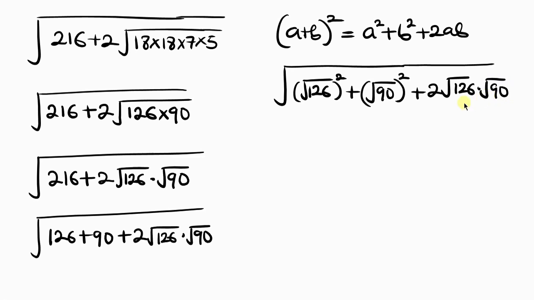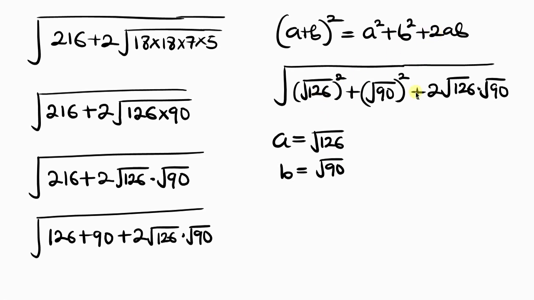Now notice that what we have inside of this radical now resembles what we have here, in such a way that a is in the form of the square root of 126 and b is in the form of the square root of 90 when we compare.